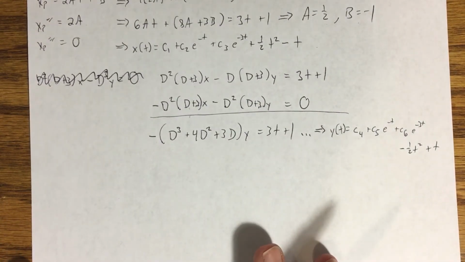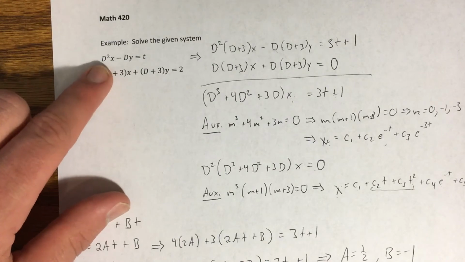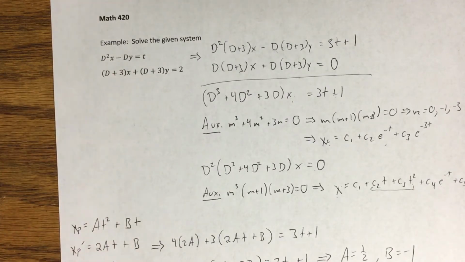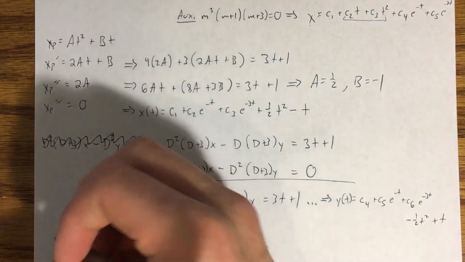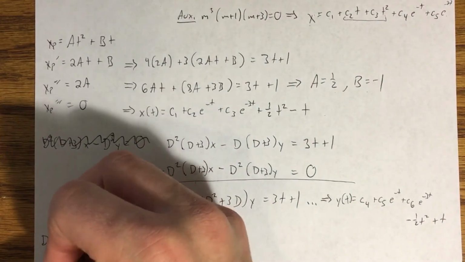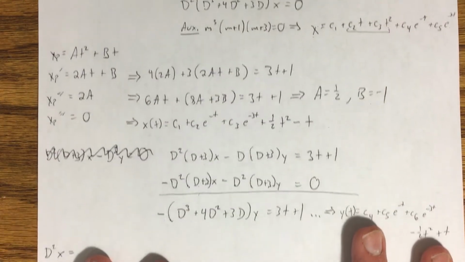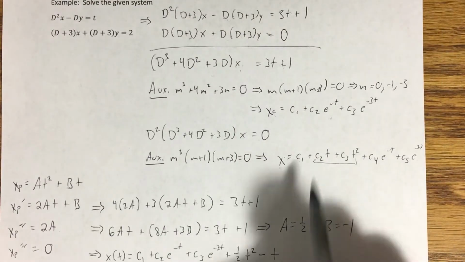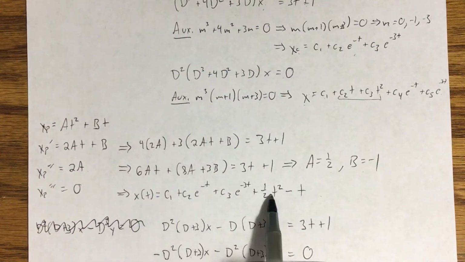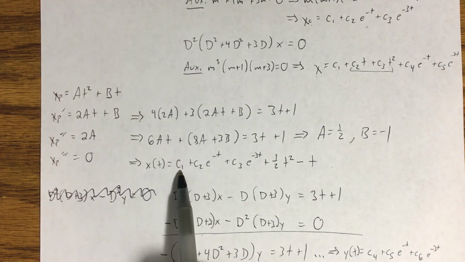So first thing I'm going to do is take my two solutions that I got and substitute them into this first equation up here. Okay, so I need the second derivative of x and the first derivative of y. Now, what is my second derivative of x? Well, x I found up here, and actually, here's kind of the more complete version of that. I want the second derivative of this. I have a constant that's going to go away.